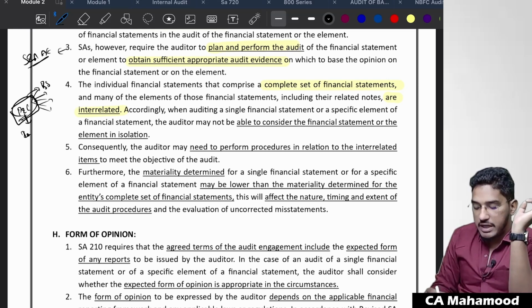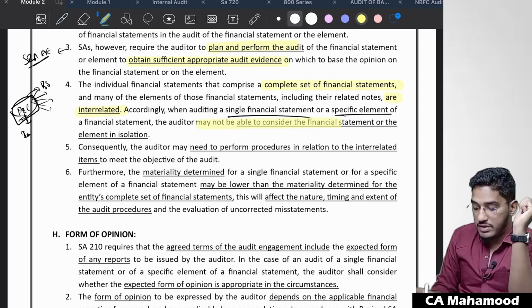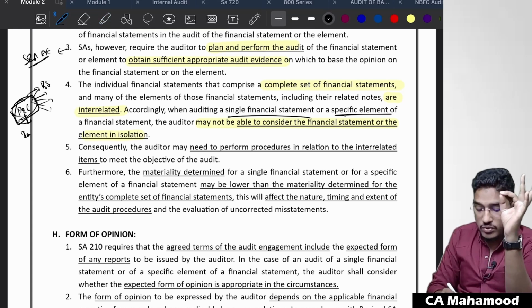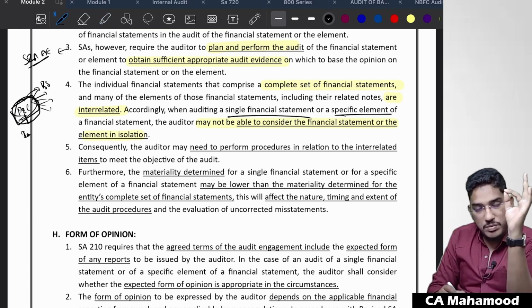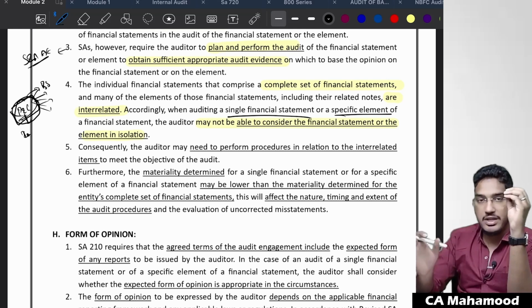The individual financial statements that comprise a complete set of financial statements, and many of the elements of the financial statements, are all interrelated. Accordingly, when auditing a single financial statement or a specific element of a financial statement, the auditor may not be able to consider the financial statements or the element in isolation. Even though you are called upon to conduct the audit of only P&L, you cannot ignore all other items and verify only P&L in order to verify whether that P&L is correct or not.